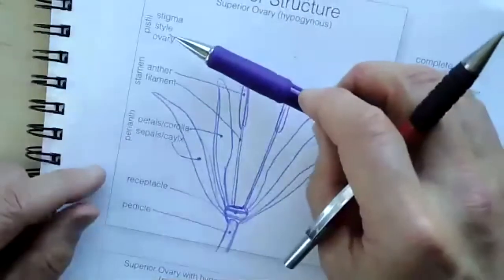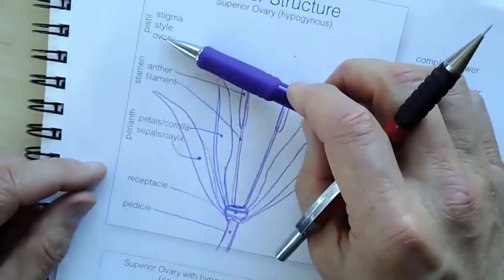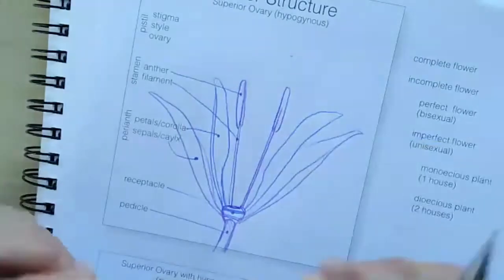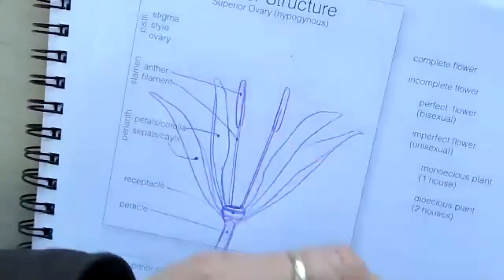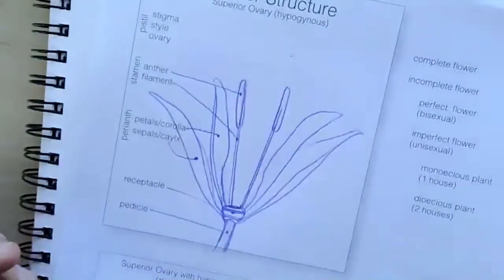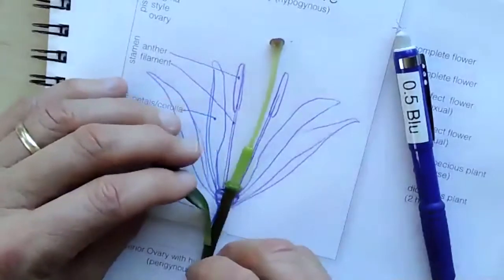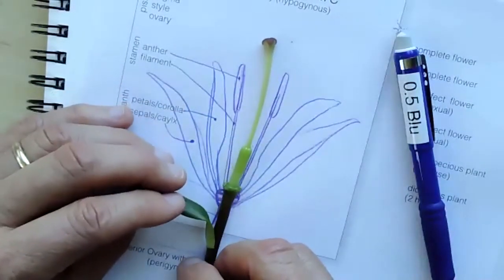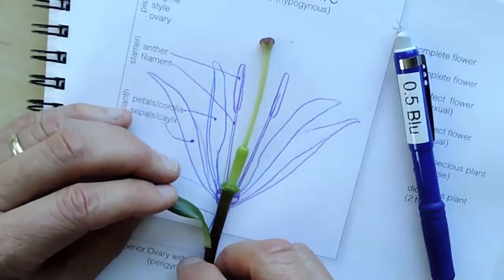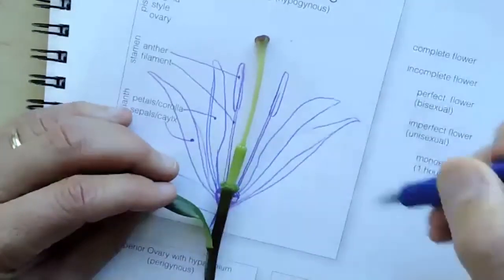The next piece is going to be the pistil, and I'm going to jump back to my blue pencil for drawing in the pistil. Let's take a look at this. Look at this. Oh, that is ridiculous, right? There's 3 clear sections to it.